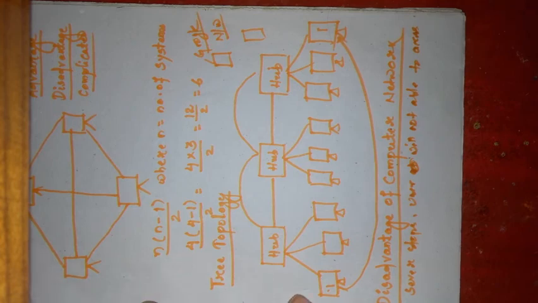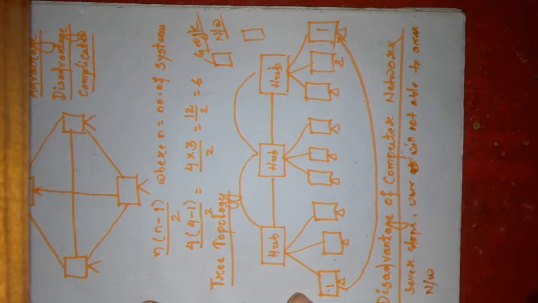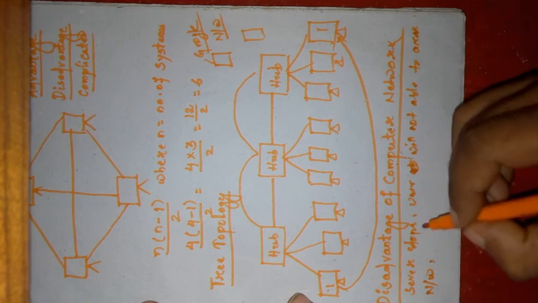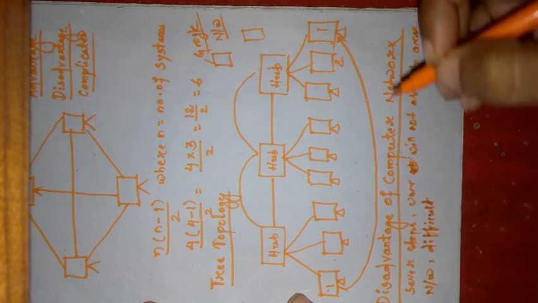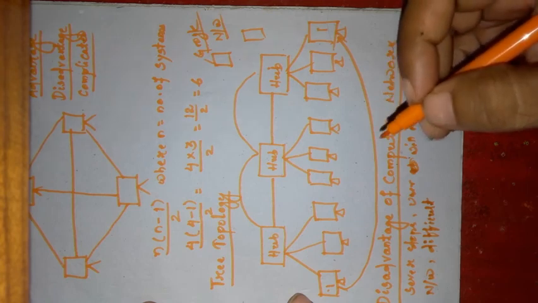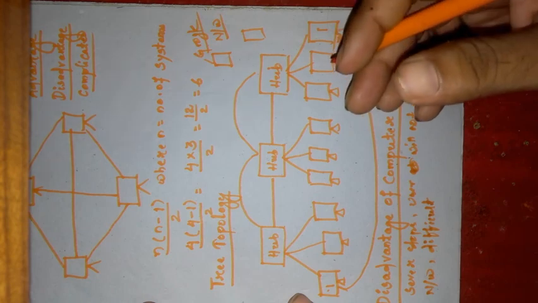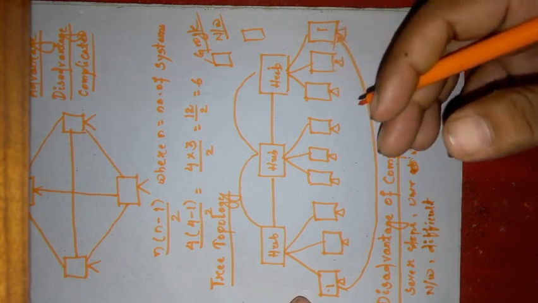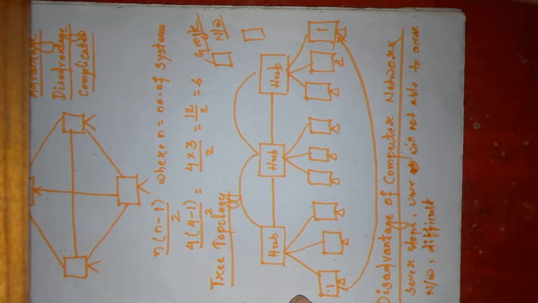Second, if the network is larger, then it is difficult to manage. Difficult to manage means, suppose a system is showing an error, then you can't know whether the system is providing data or not.